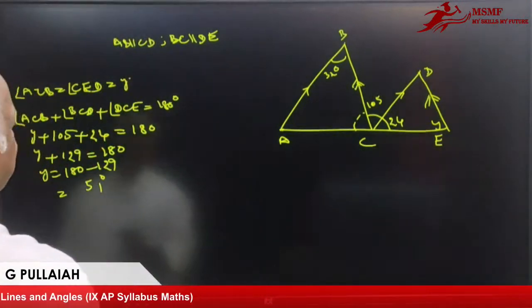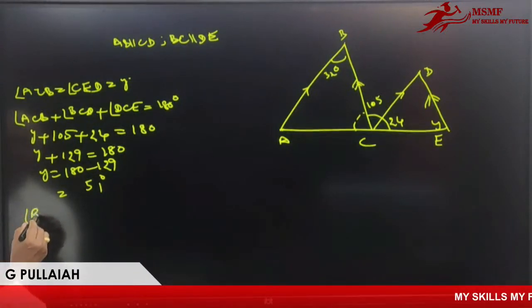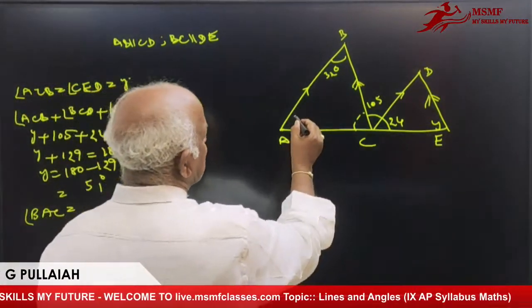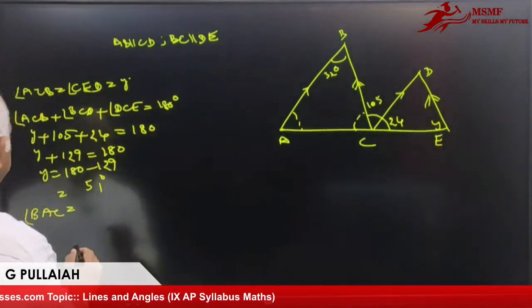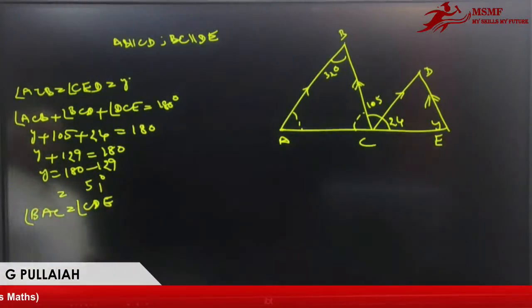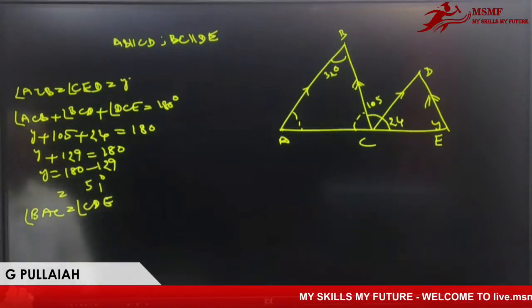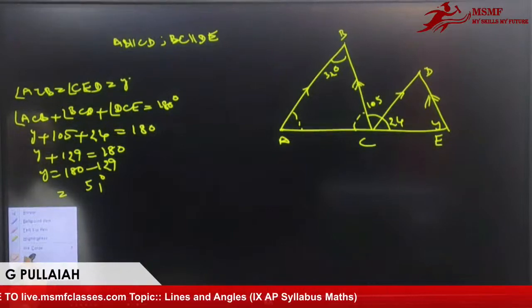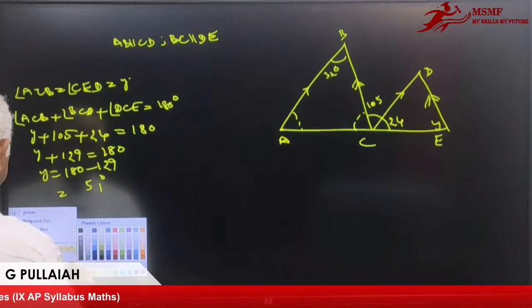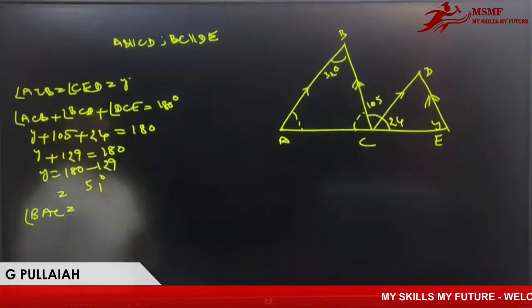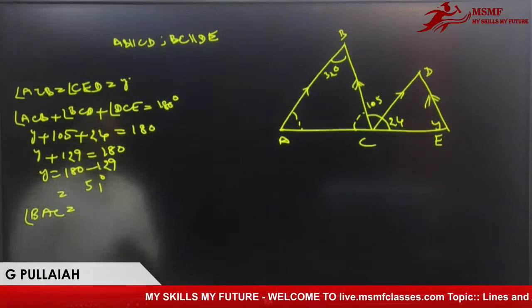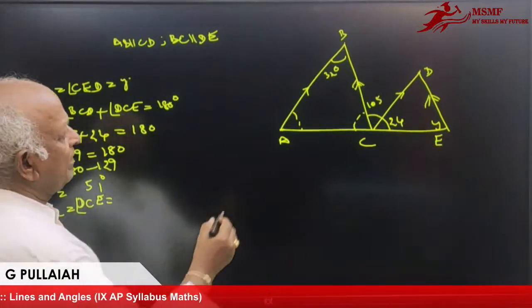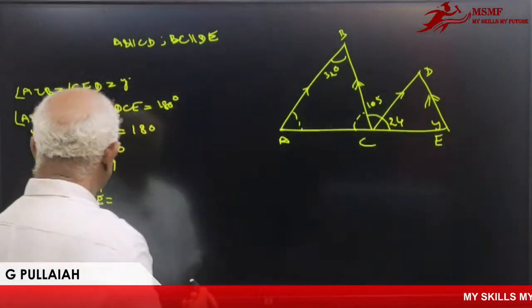Again, if you think very carefully, angle BAC is equal to angle DCE, that is equal to 24 degrees.